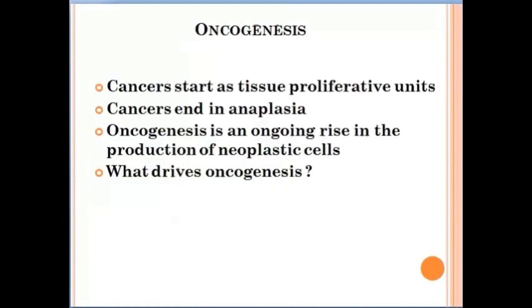So cancer starts as tissue proliferative units. Cancer ends in anaplasia. Oncogenesis is an ongoing rise in the production of neoplastic cells. So we ask, what drives oncogenesis?